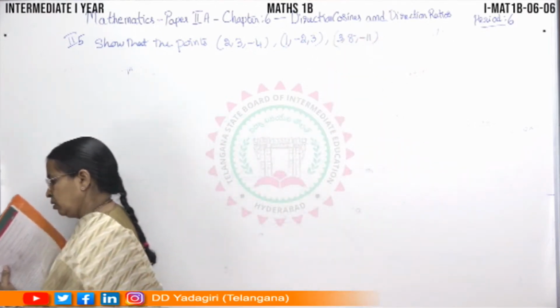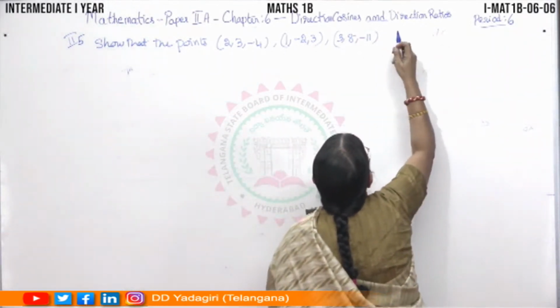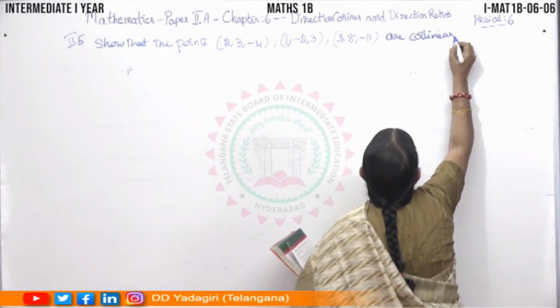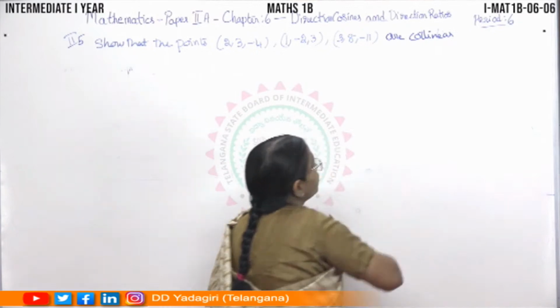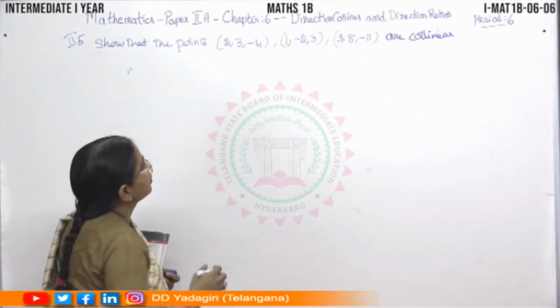Show that they are collinear. If you remember, we solved a similar problem in first chapter, coordinates chapter.